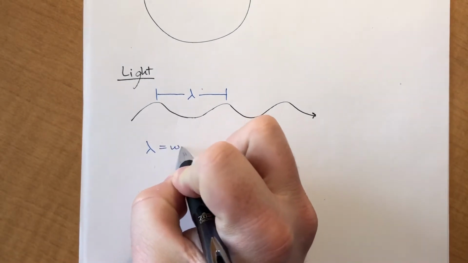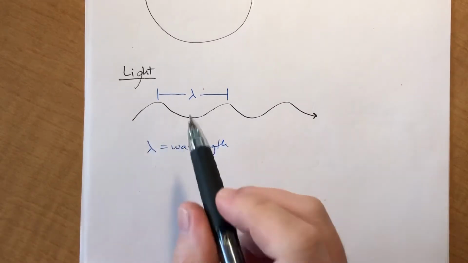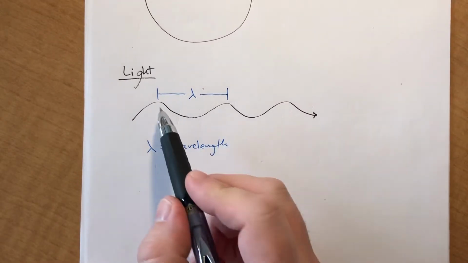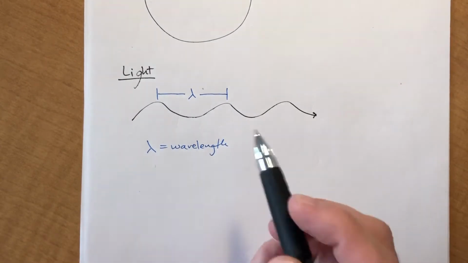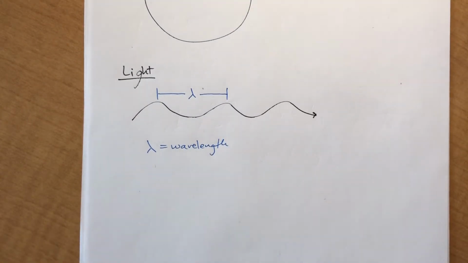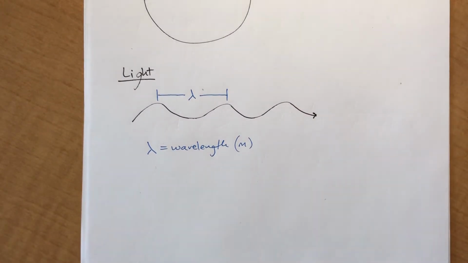So wavelength is the distance between two peaks, or the distance between two valleys, or the distance between a third of the way down and a third of the way down. It doesn't really matter where you pick. Most people pick the peaks because it's easiest to see them. The units on this are going to be some sort of distance units, so some variation of meters, might be centimeters, nanometers, who knows.